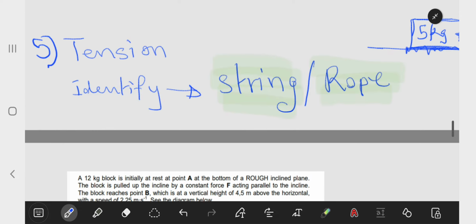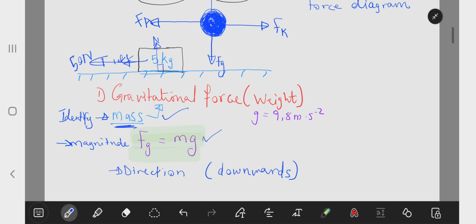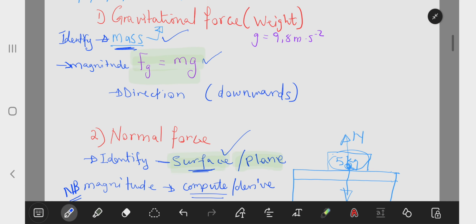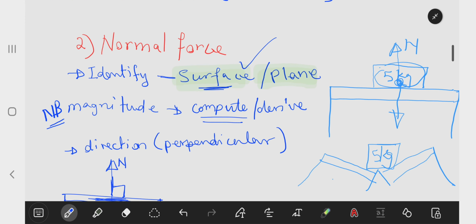Weight, if we can do a recap. In the last lesson, we said that gravitational force is always acting downwards, so that is your direction. And the key term for your gravitational force is the mass. Your key term for the normal force is surface, or a plane.